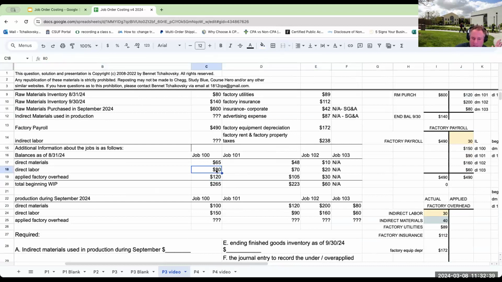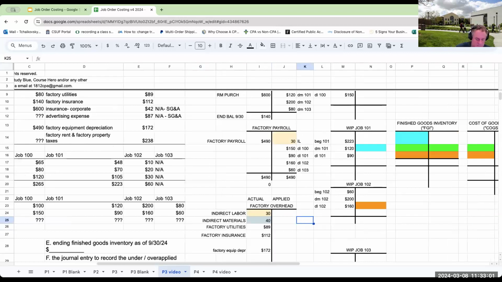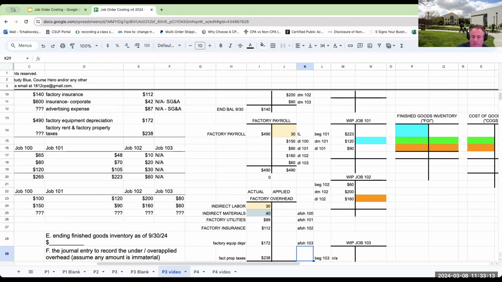If I come over here and look at the balances on August 31st, 80 times 1.5 or 150% equals 120. 70 times 1.5 is 105. 20 times 1.5 is 30. So coming back over here, we'll call this AFOH 100, AFOH 101, AFOH 102, AFOH 103.